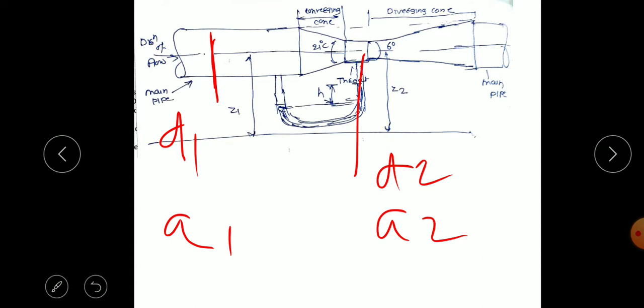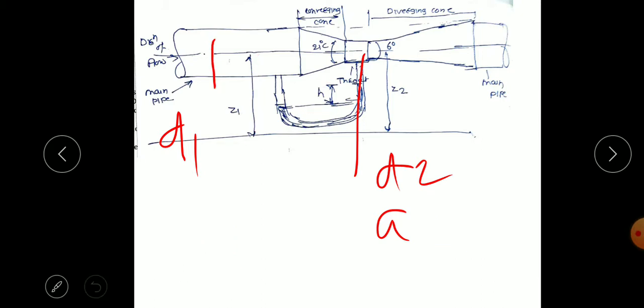Again, we require the datum line. From the datum line, Z1 is the height from the datum line, and Z2 at the throat section is the height or elevation from the datum line, and HM here shows the manometric head difference.